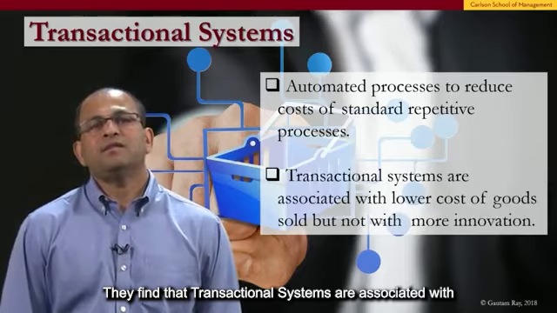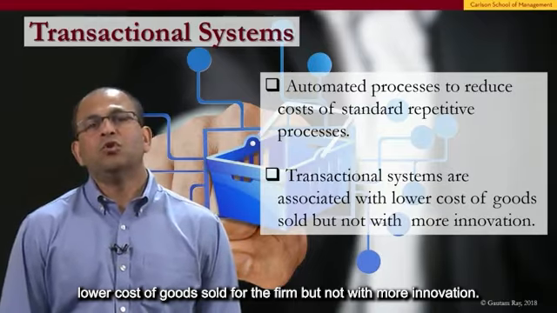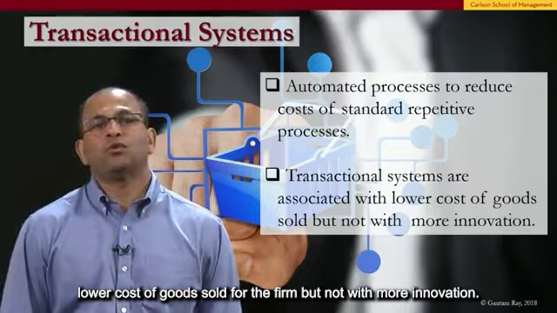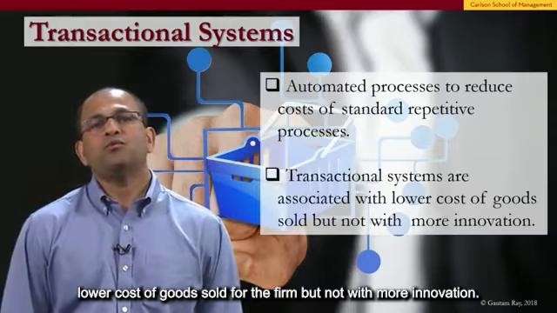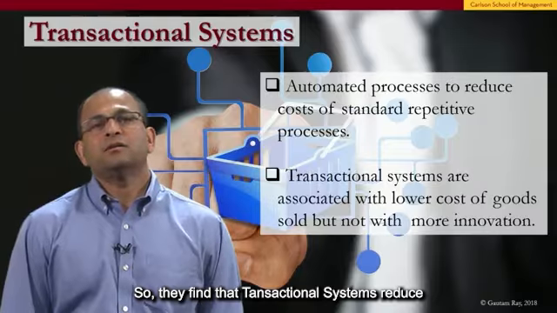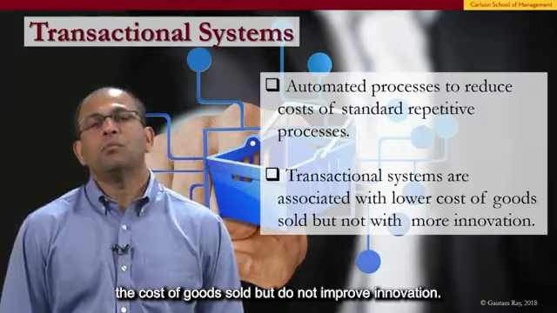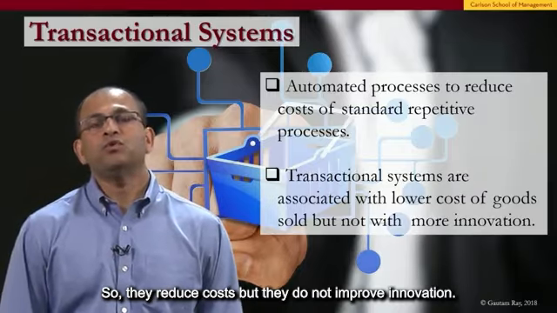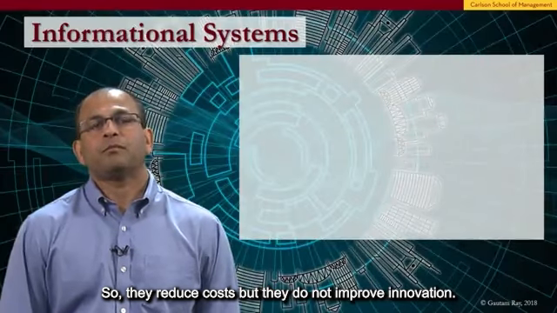They find that transactional systems are associated with lower cost of goods sold for the firm, but not with more innovation. So they reduce costs, but they do not improve innovation.